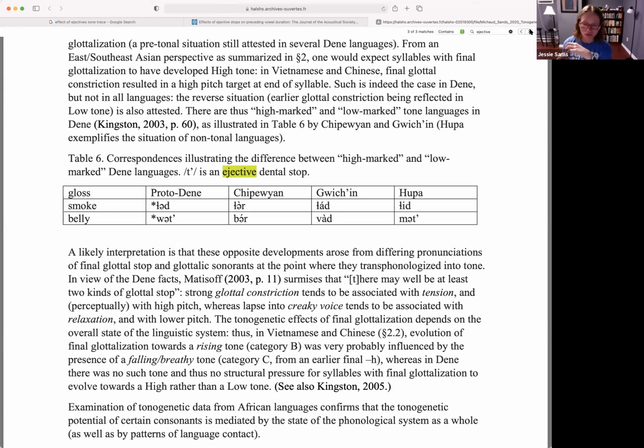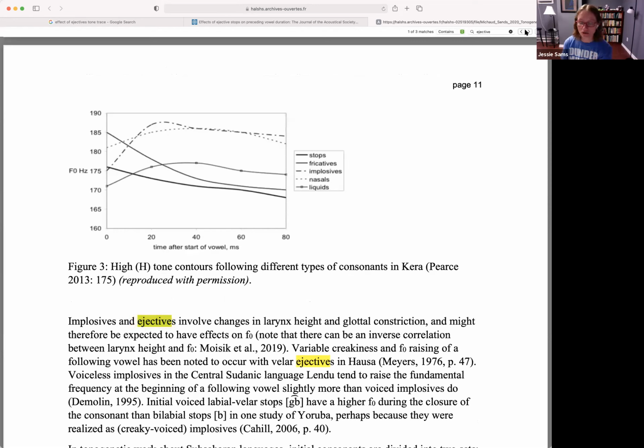And then the ones that would have a rising tone, there would potentially be the presence of a falling or breathy tone from an earlier final H. And so there's that. I'm going to go to the next match. Oh, and then these are the only other 2 times adjective consonants are specifically mentioned in the article. The paragraph that I had already walked through, and then that chart that we just looked at with those languages. Yeah, this data is awful.